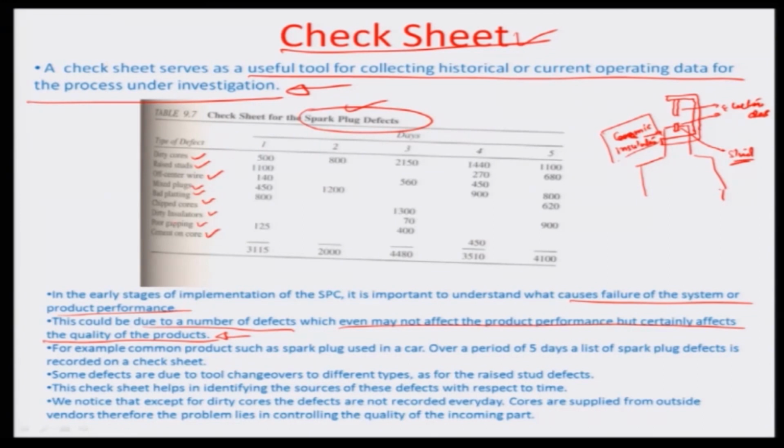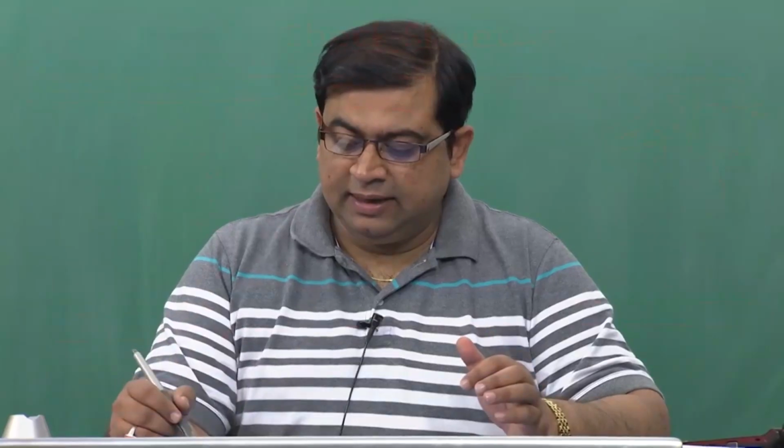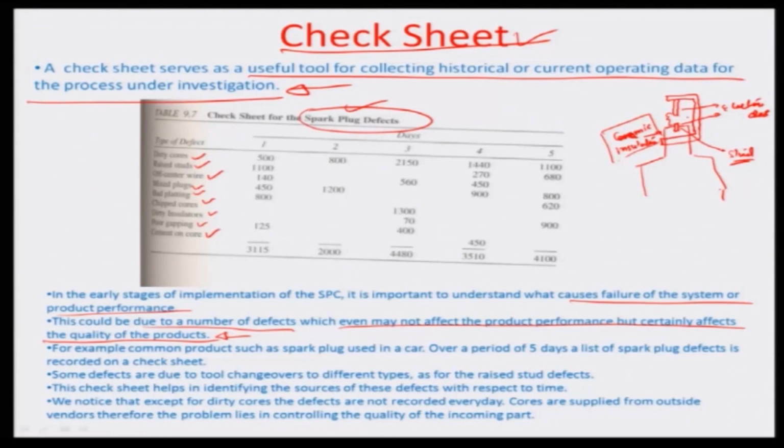There can also be a poor gapping, that means the gap control here as you are seeing between the electrodes may be not appropriately produced, or then there can be some kind of cementing on the core. There are many adhesive cements which are used for putting together the core of the particular spark plug, so that can be one of the reasons.